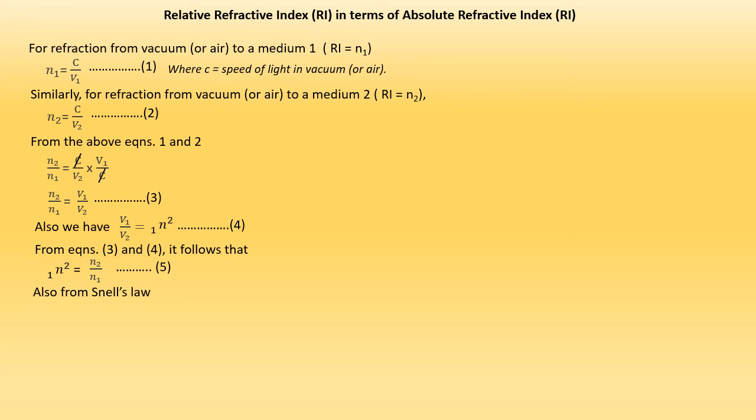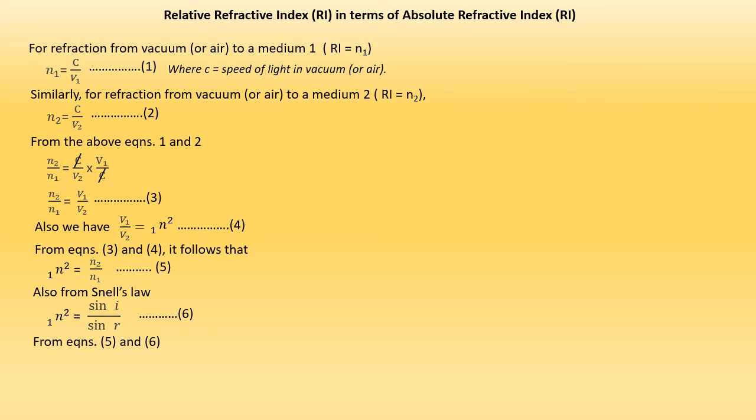From Snell's law, we can say that the refractive index of medium 2 with respect to medium 1 is equal to sin i / sin r. So we consider this as equation 6.